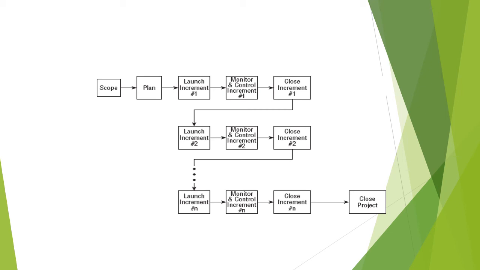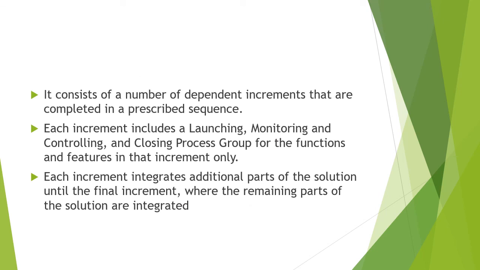If it is a four-story building, then we will continue building the first floor, the second floor, and the third floor, bit by bit, but still we are already using the project. So these are incremental types of projects.